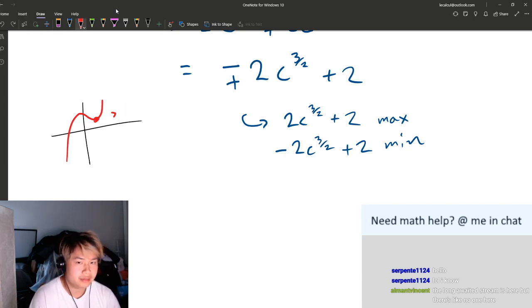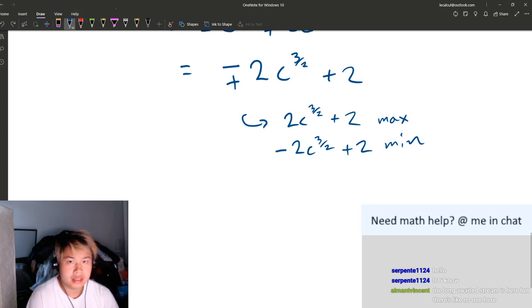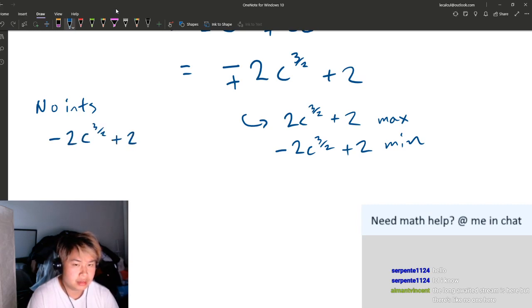Because if it's negative, then that means that the graph has to dip below the x-axis, so then you're going to have x-intercepts. So if you don't want no x-intercepts, your minimum value needs to be still positive, so that again, it's going to be above the x-axis.